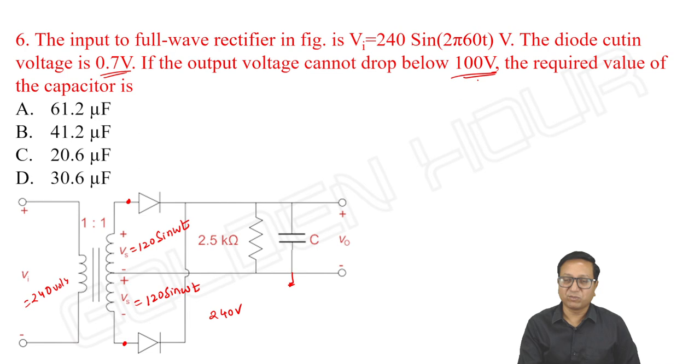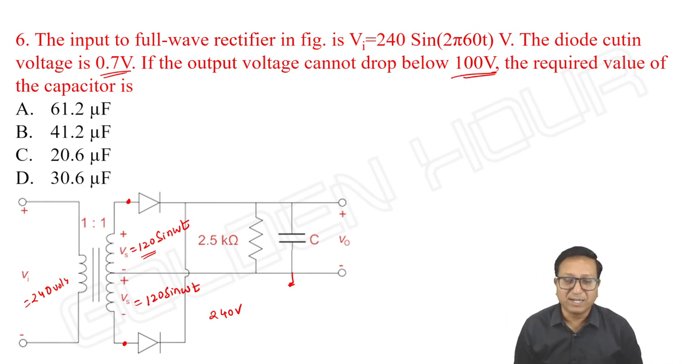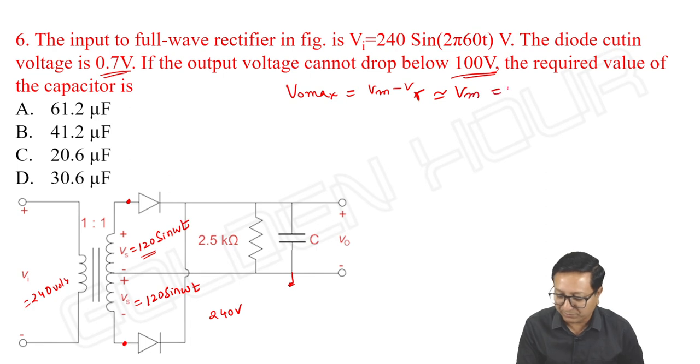So output maximum, if that is the case, and again here also V secondary, its peak amplitude is 120 volts, which is extremely high compared to V gamma, and hence V output maximum is equal to Vm minus V gamma, which is approximately equal to Vm, that is 120 volts. And what about V output minimum?